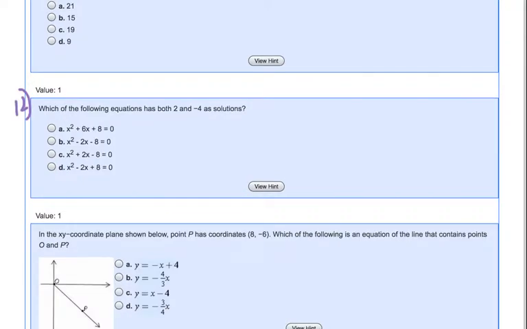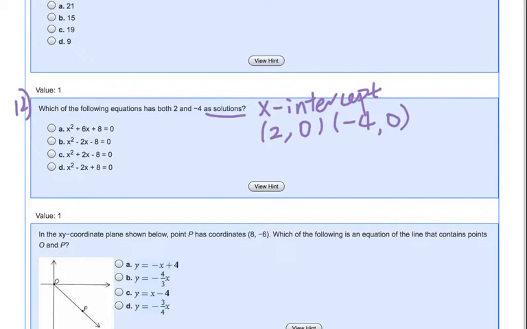Let's go to question 12. Which of the following equations has both 2 and negative 4 as solutions? If 2 and negative 4 are solutions, that means they will be x-intercepts. X-intercept means you will get (2, 0) and (negative 4, 0), because for x-intercept we write the coordinate (x, 0).